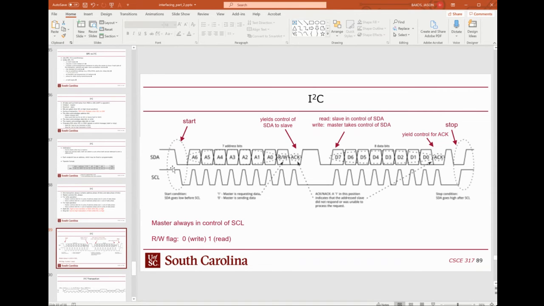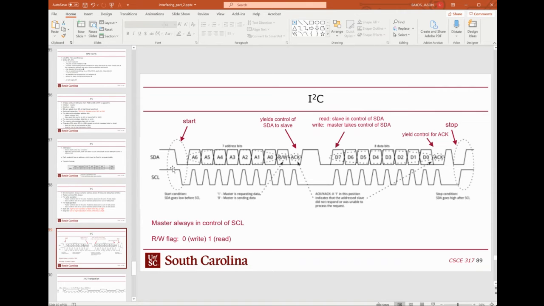And I2C is only the 2 wires, SDA and SCL. It stands for serial data and serial clock. The idea is that the start and stop signals happen when the data changes while the clock is high. Because when you send the data bits, you only change the data signal when the clock is low.